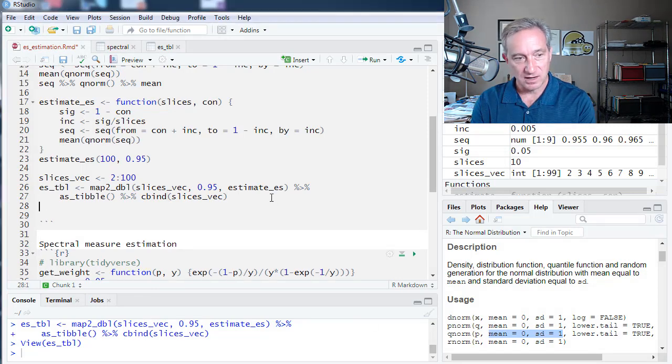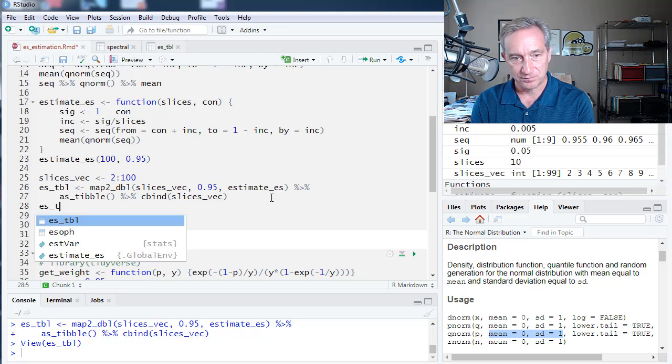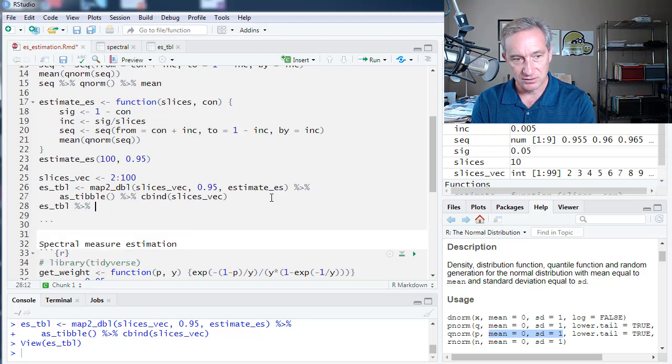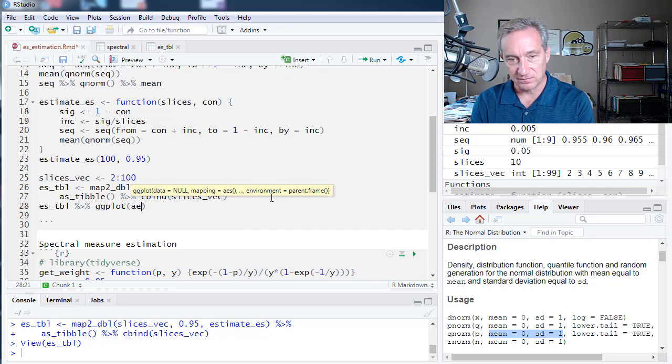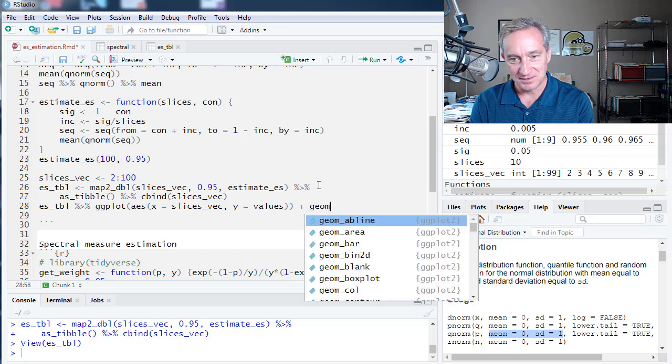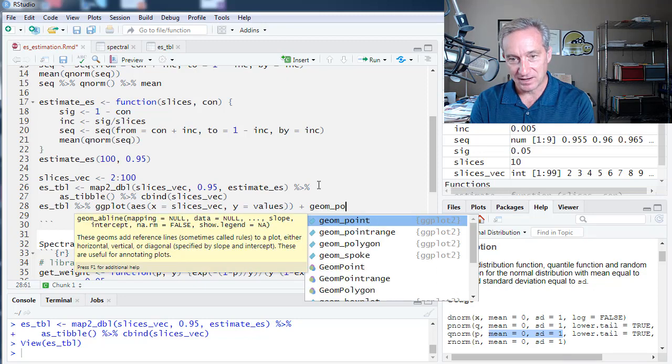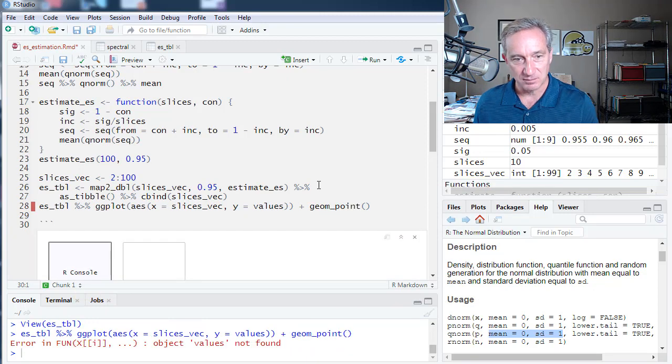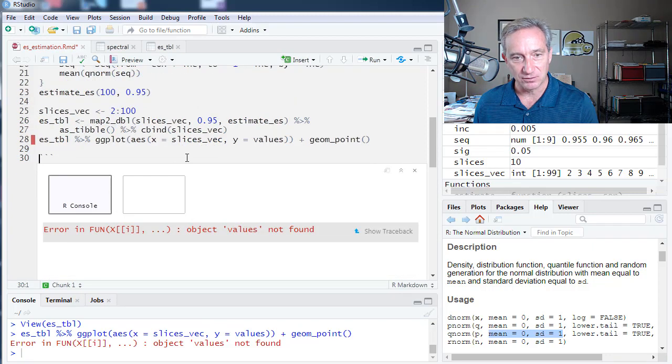And then, so finally, I put it in a tibble because then it's just so easy for me to plot it. I want to give x the slices vector and y is going to be the values, which are the only two columns in my tibble, so that I can plot points, and then I got a mistake, values not found.